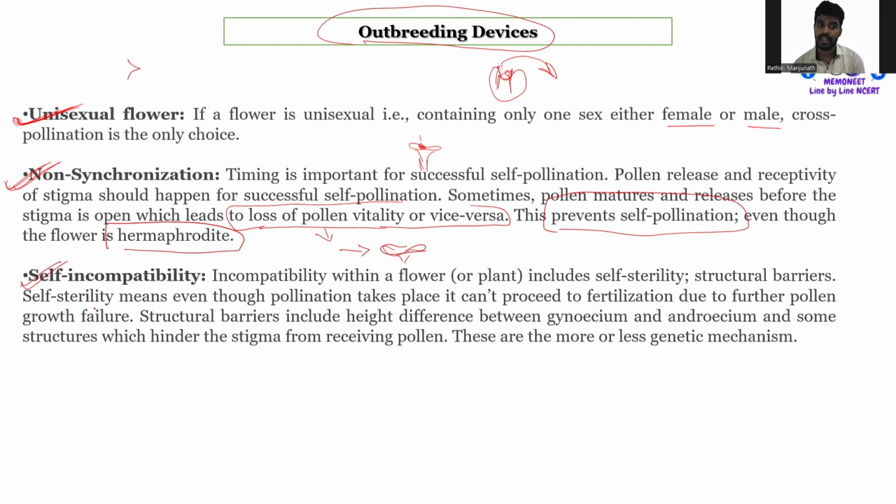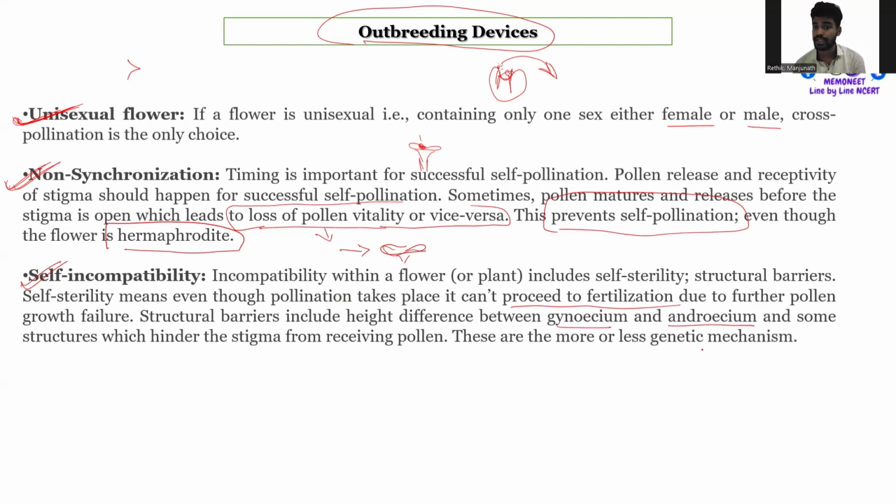Like self-sterility, which means even though pollination takes place, it cannot proceed to fertilization due to pollen growth failure. Structural barriers include height differences between the gynoecium and androecium, that is male and female structures, and some structure which hides the stigma from receiving pollen.